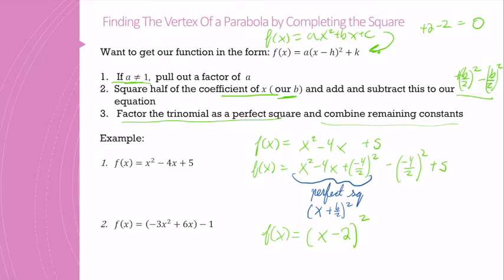Then over here I have minus negative 4 divided by 2, negative 2 squared, which is 4. So I've got minus 4 plus 5. So f of x equals x minus 2 squared plus 1. So my vertex is when x is 2, y is 1.